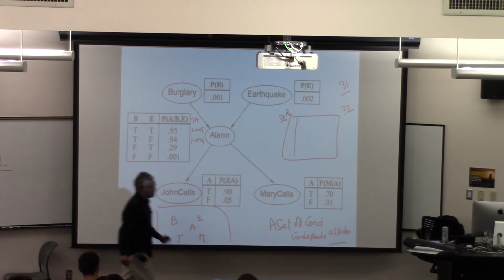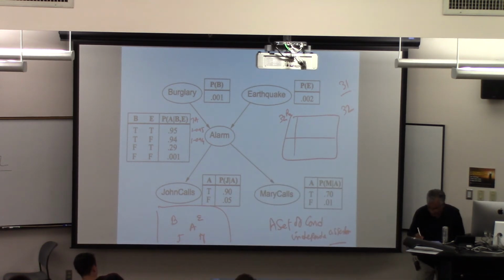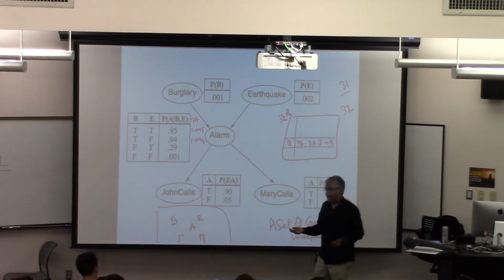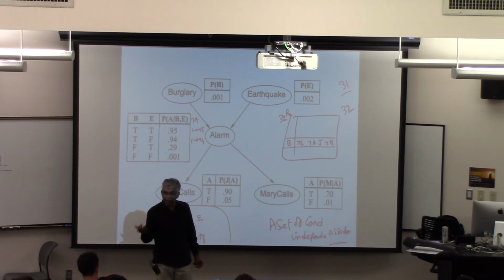Here's my question. Suppose I have to fill up an entry here, which is B, not E, not A, J, not M. That will be one of the entries. I just need the number for that. I can compute that. You see what I'm saying?